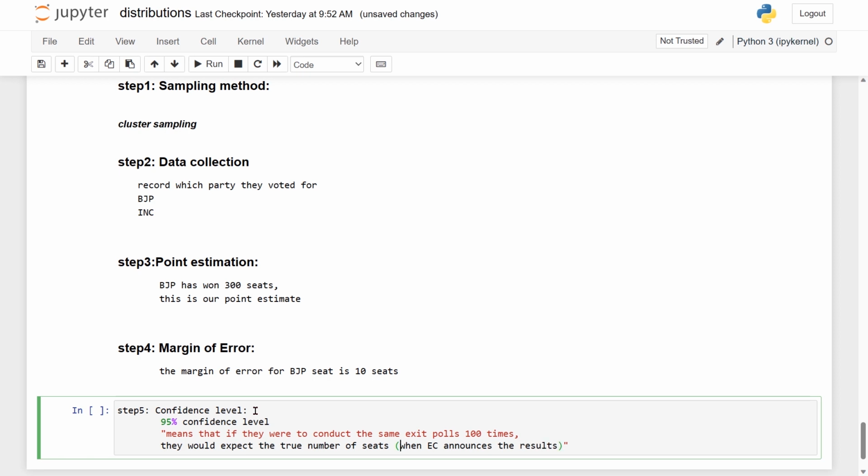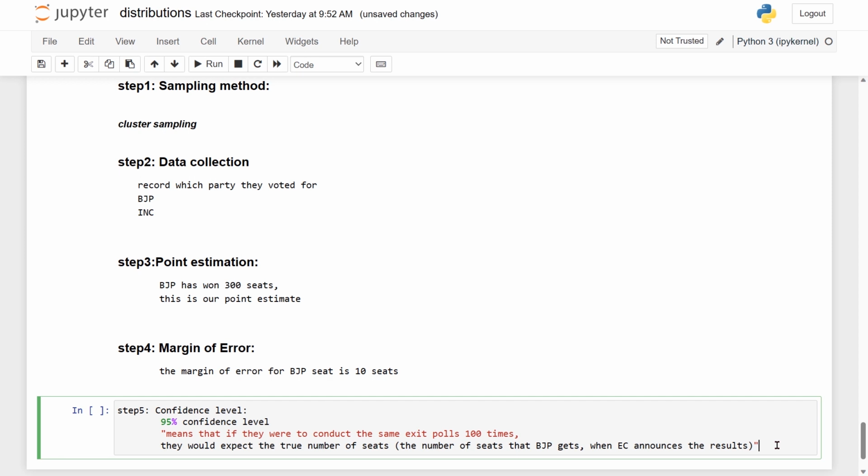So the true number of seats means the number of seats that BJP gets when the EC announces the results.